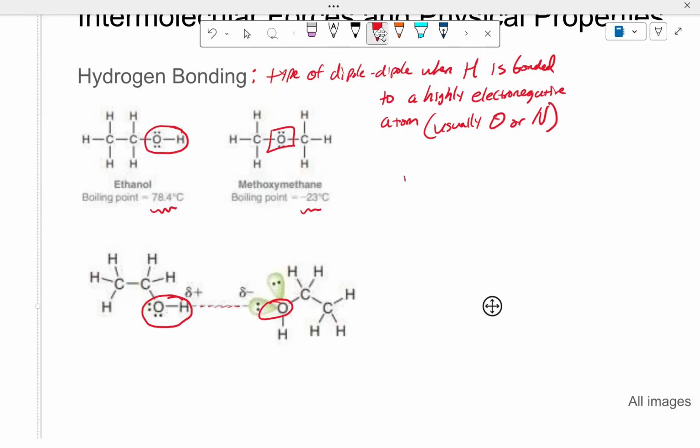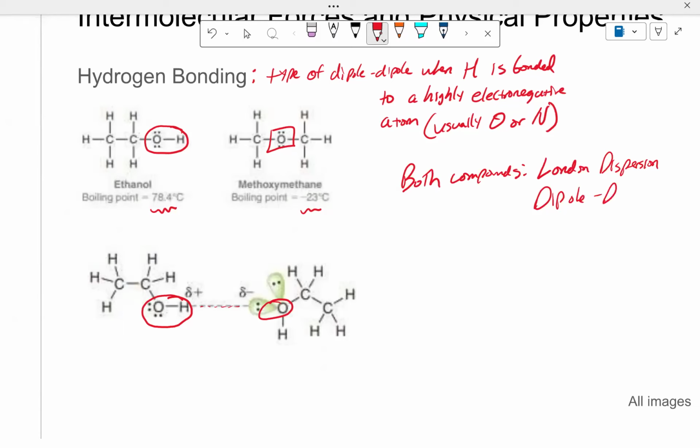Both compounds have London dispersion forces. They both have dipole-dipole interactions because they're both polar, but only ethanol can hydrogen bond. And so that increases the boiling point of ethanol even more.